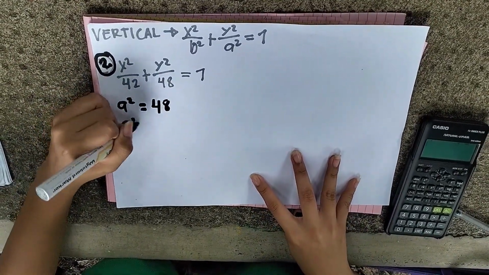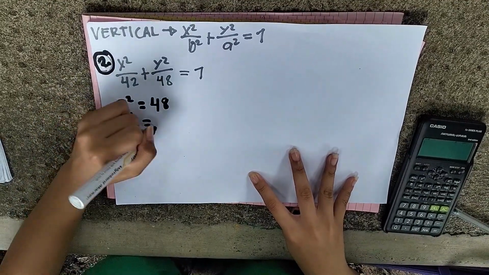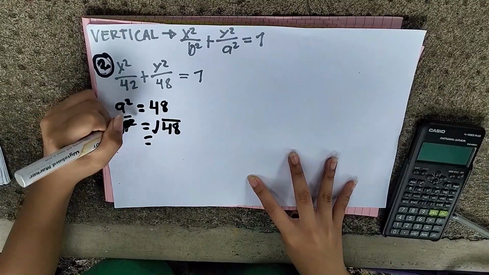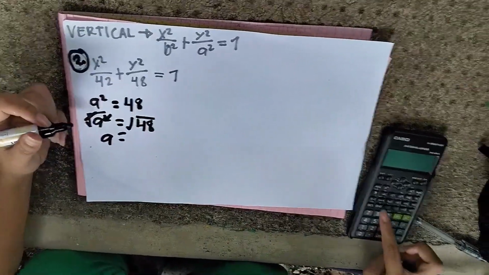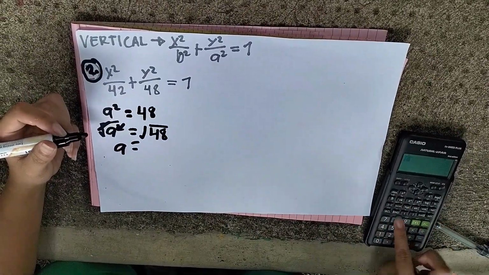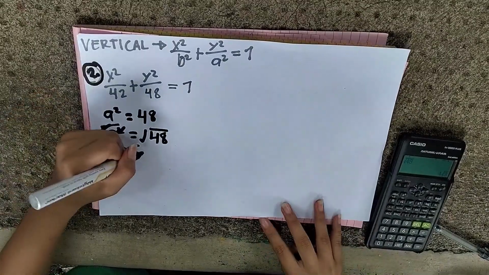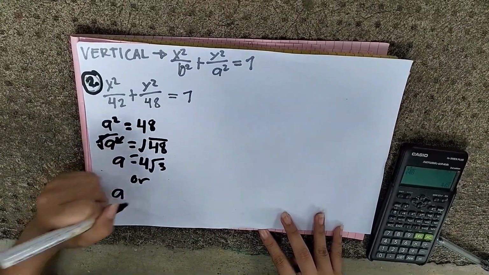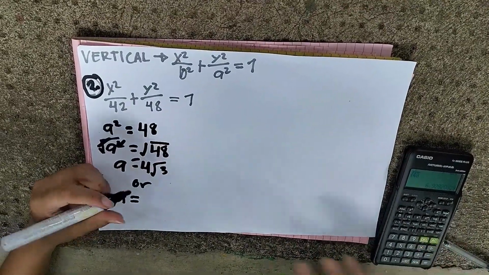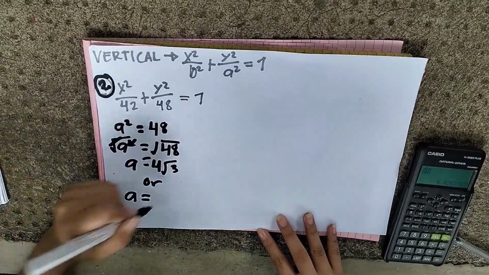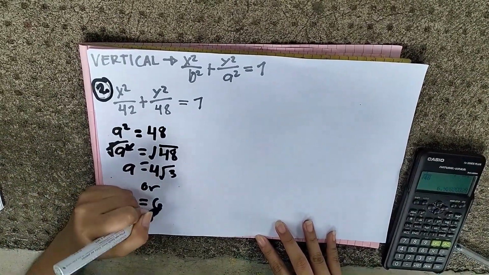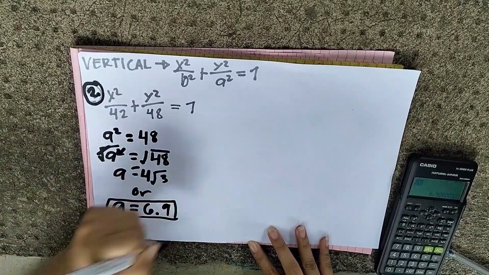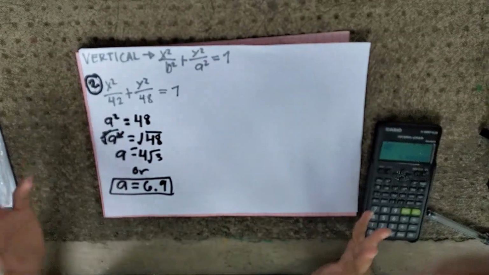The same process: you square root both sides. They cancel out, and a is equal to the square root of 48, which is 4 square root of 3, or in decimal, a is equal to 6.9. Now, let's solve for our co-vertex.